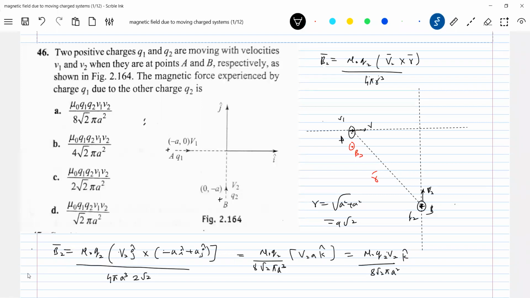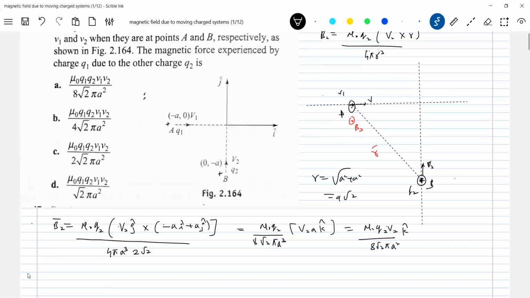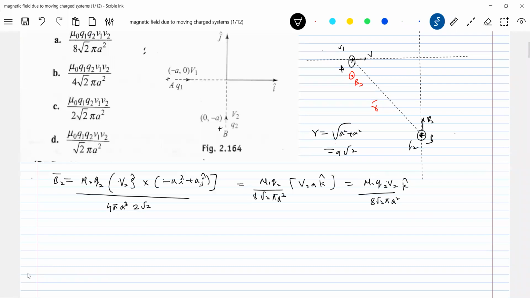So F is equal to, apply the formula now. What is the formula? F1 is equal to Q V1 bar cross B2 bar. This is what the force is asking. So this is Q1, and V1 is V1 i cap cross mu naught Q2 V2 k cap.